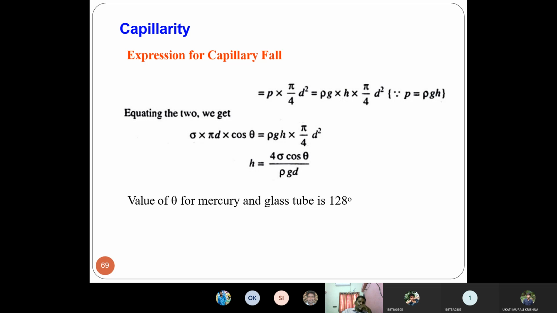Okay. For capillary rise, rho is the density of water, and for capillary depression, rho is the density of the mercury. For capillary rise, theta is approximately equal to 0, and for capillary fall or depression, theta is equal to 128 degrees. Very important one.